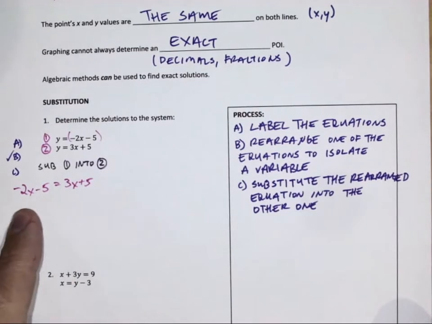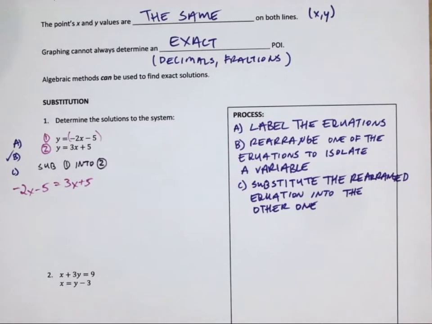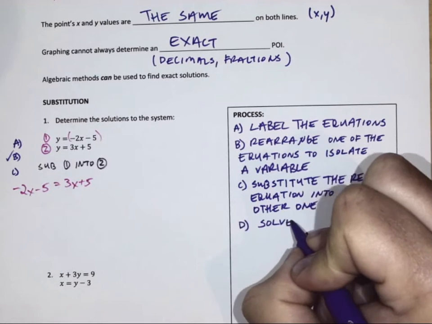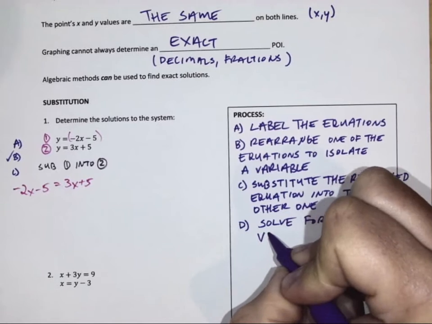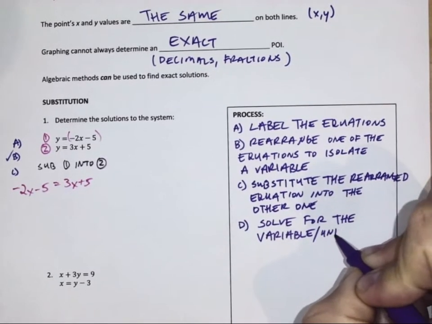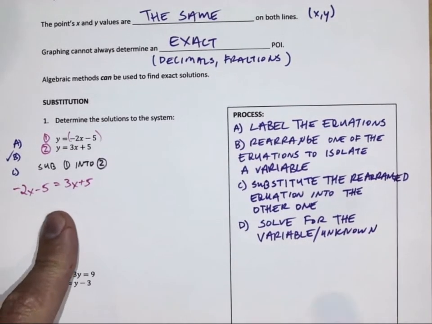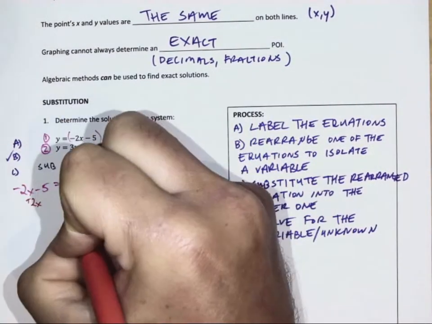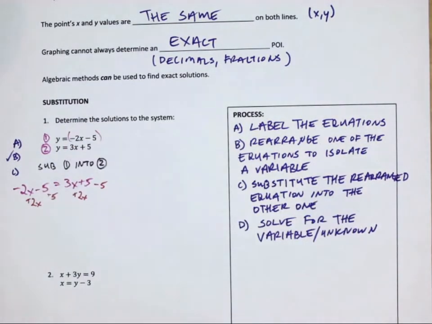Now by substituting, there are no more y's left. There's only one unknown, one variable, x. So because of that, I can solve for the unknown variable. Now all my rules for algebra still apply. Plus 2x on the left, plus 2x on the right, take away 5 on the right, take away 5 on the left.